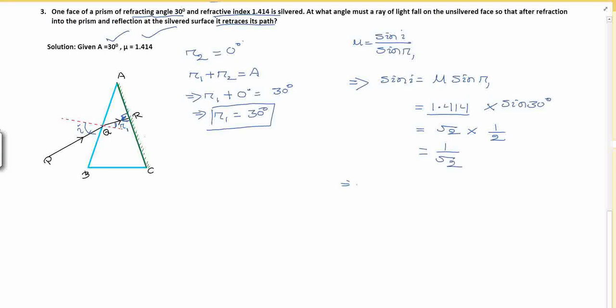So this implies sine I is equal to 1 by root 2. But we know that sine 45 degree is equal to 1 by root 2. This implies I is equal to 45 degree.